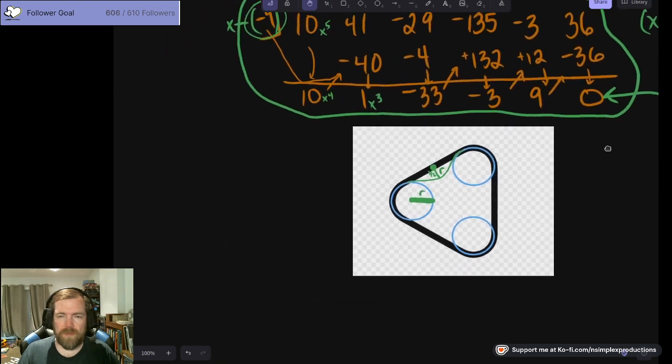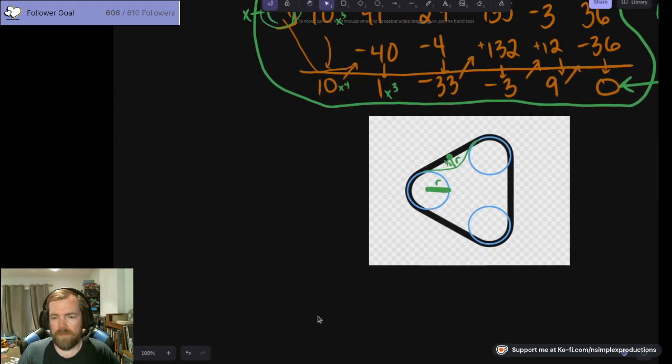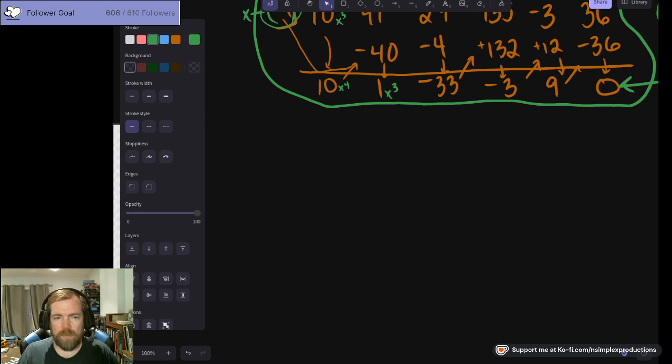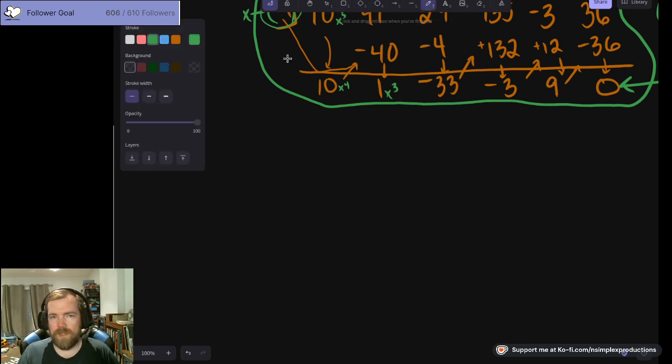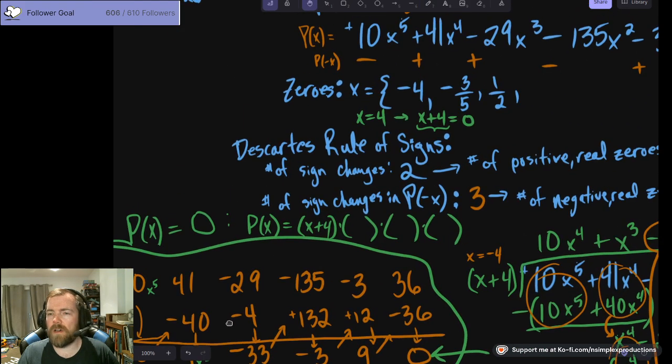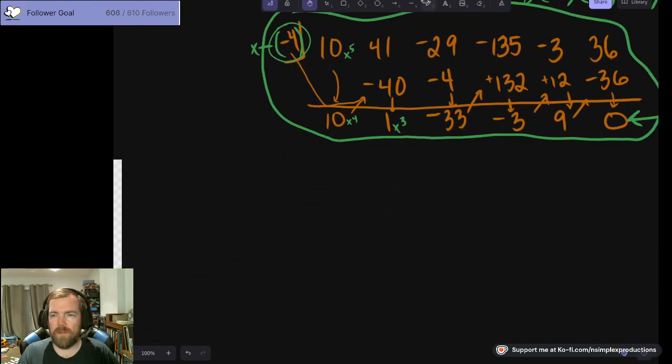Then, and here's the benefit of doing synthetic division, especially over long division, the other fact is that we can now take the next number, which we said was, let's do negative 3/5. Okay, so I lied. We're just going to do this.